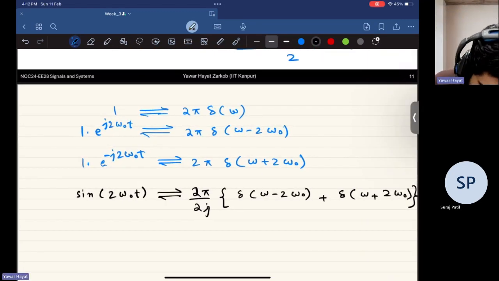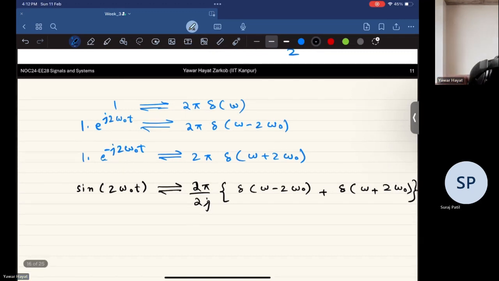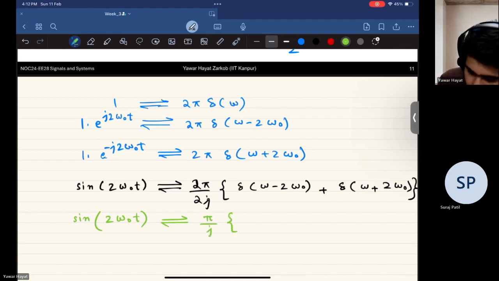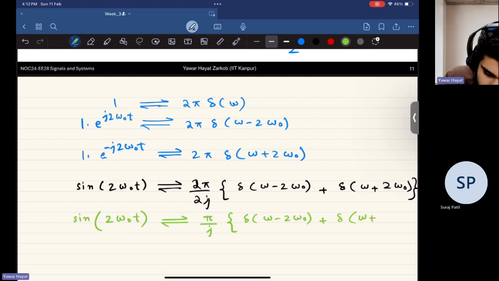Now, what is this equal to? Sine of 2 omega naught t. This is pi over j del of omega minus 2 omega naught plus delta of omega plus 2 omega naught.